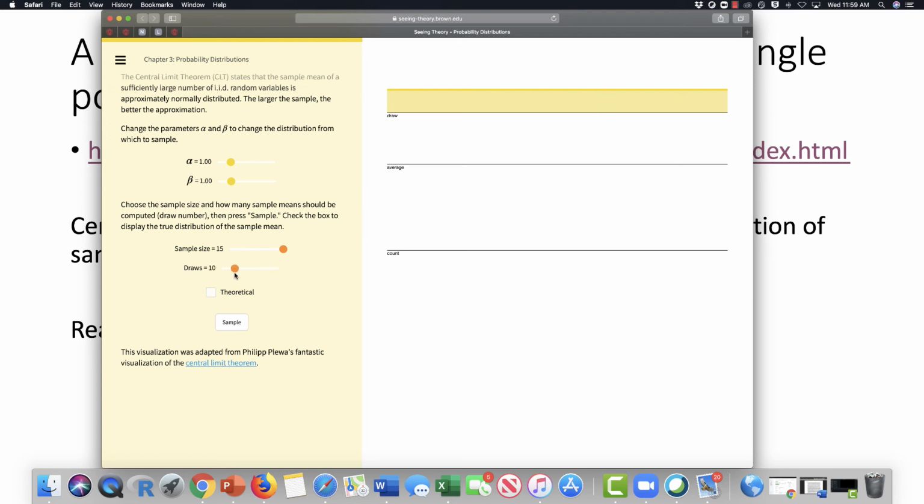And I'm going to start by just drawing 10 of them so we can see what a sample of 15 drawn 10 times looks like. There you go. Now we're going to do another 50 because the more samples, the more information we have. Now I'm going to do 50 more. And I'm going to do 50 more after this one.